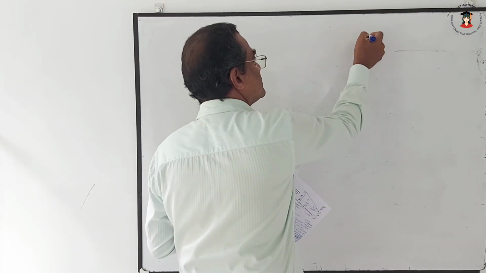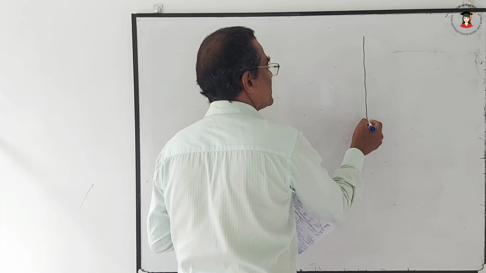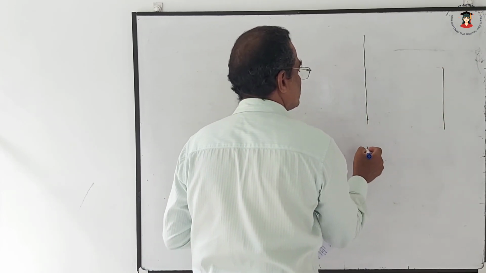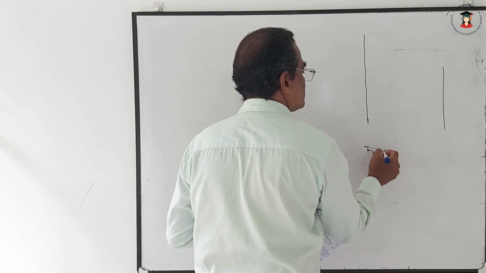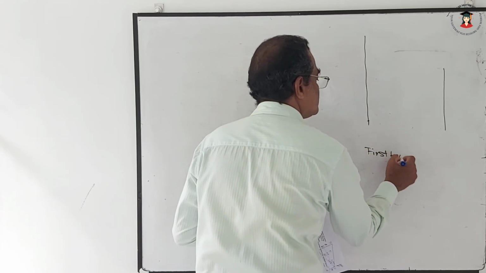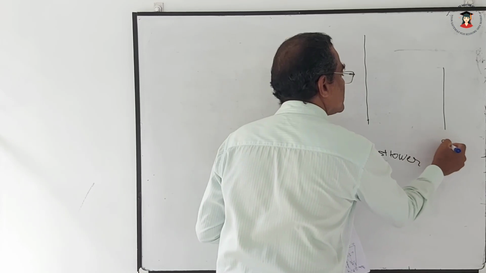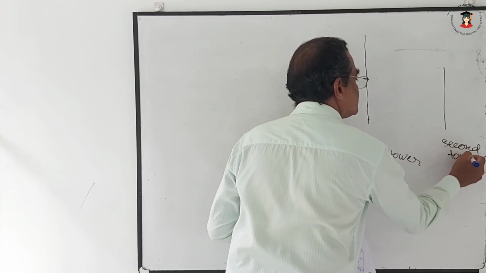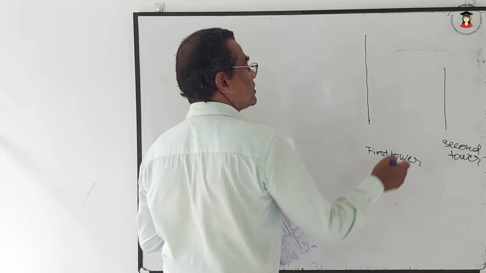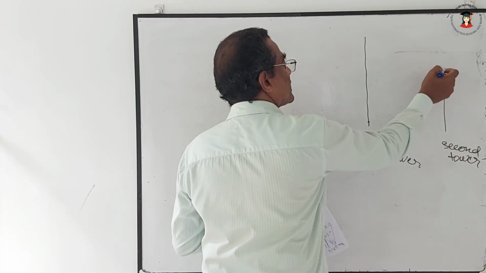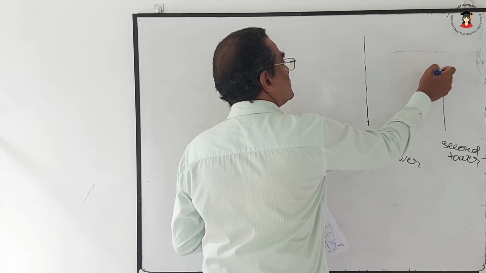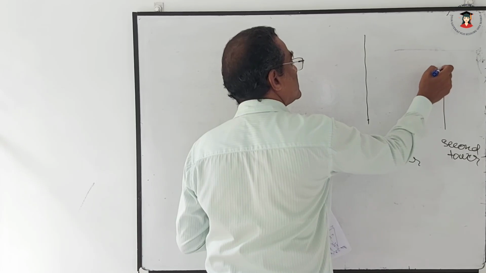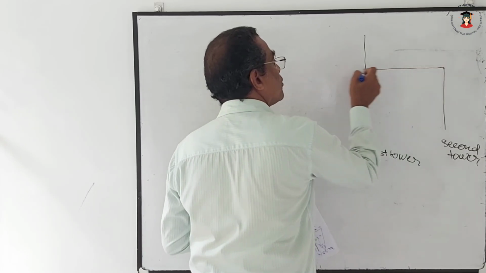So there are two towers. The first tower is higher than the second tower. This is the first tower, and this is the second tower. From the top of the second tower, the angle of elevation. So at the top of the second tower, we need to draw a horizontal.